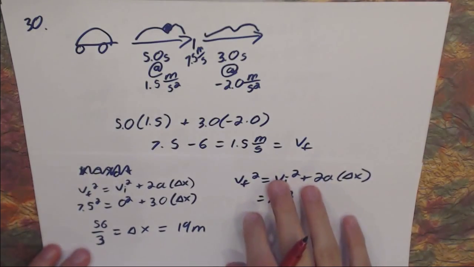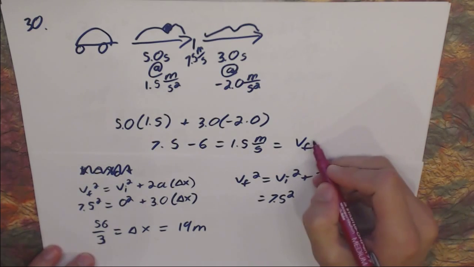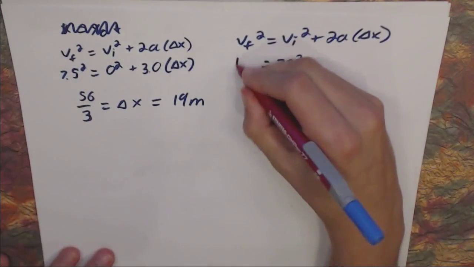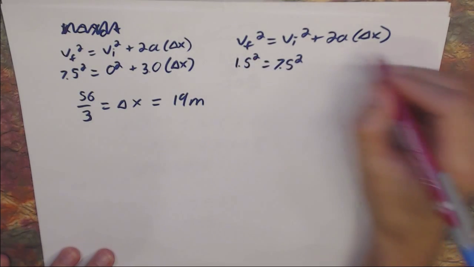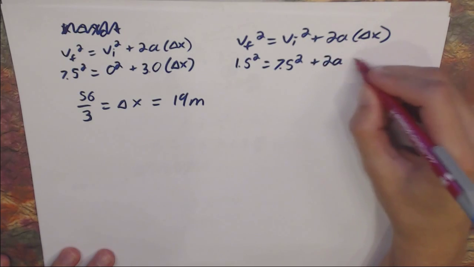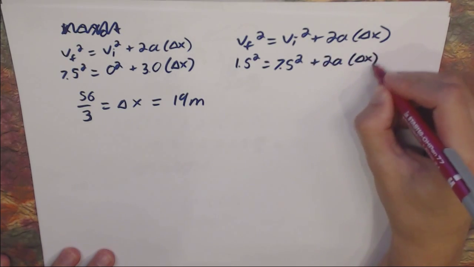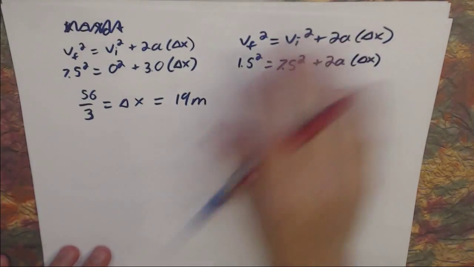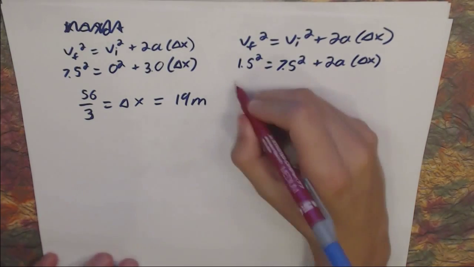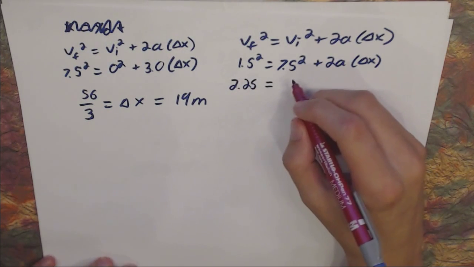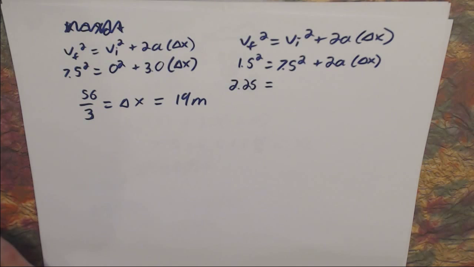And our final velocity is the velocity we already calculated down here, 1.5 meters per second, plus twice our acceleration times delta x. I guess I should have filled that in right there on acceleration is -2, so we've got 2.25 equals, let's see, 17.5 squared.